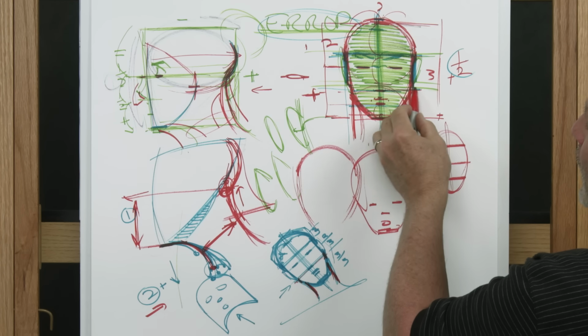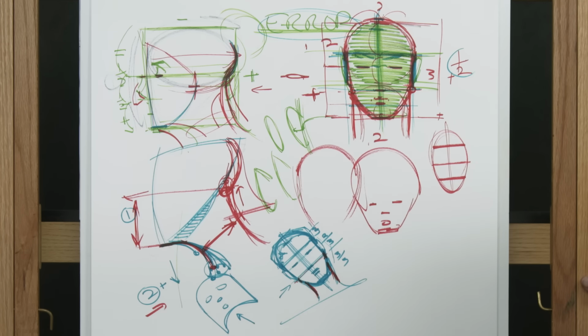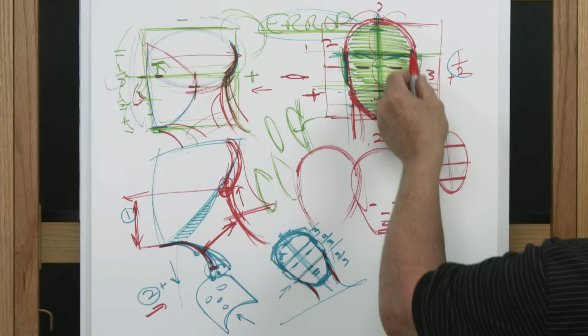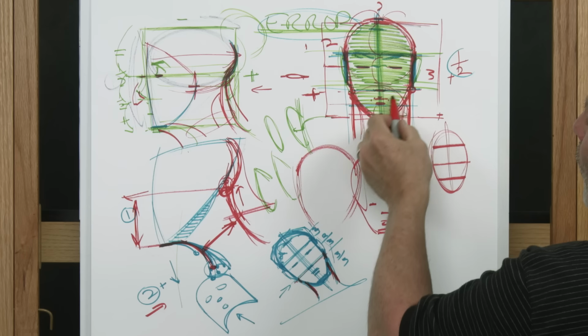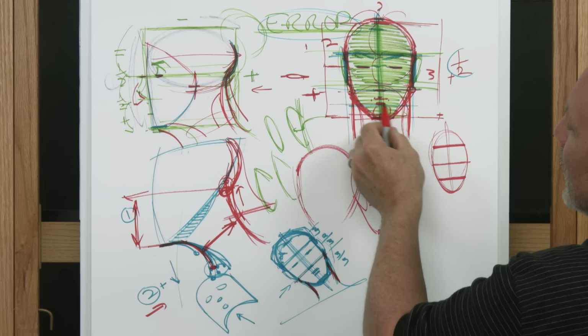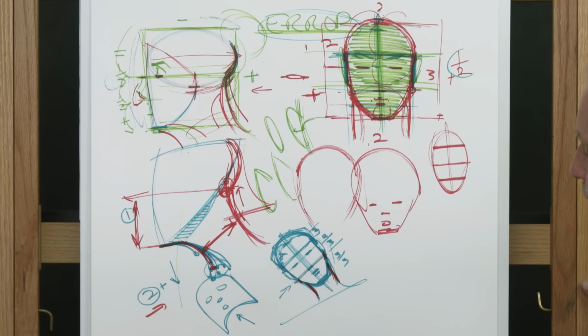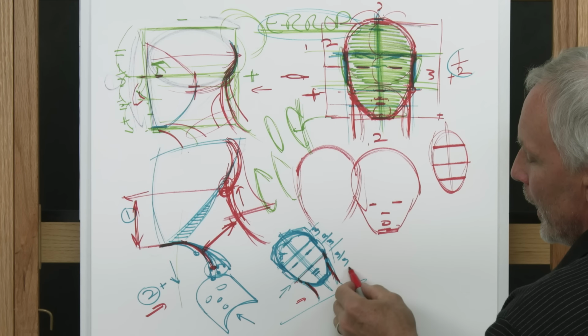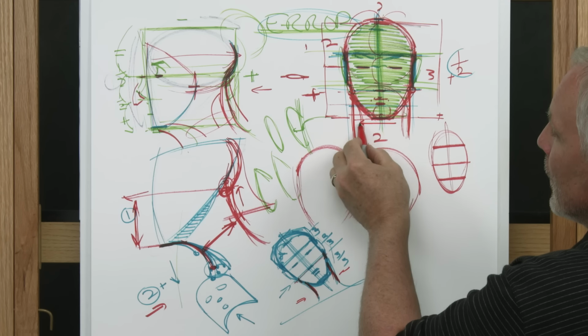Where the nose line is, that's the widest part of the jaw because it's coming off that big ball of the head, the skull, before it tapers to the skinny, narrow chin. So anywhere in here is good.